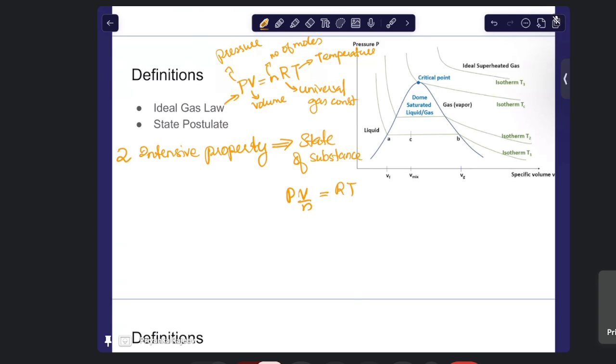So if you define pressure and temperature, then this V by n, the specific volume, is defined. Then if you define specific volume and temperature, then pressure is fixed. So you can describe the entire state by just using two intensive properties. So that is the state postulate.